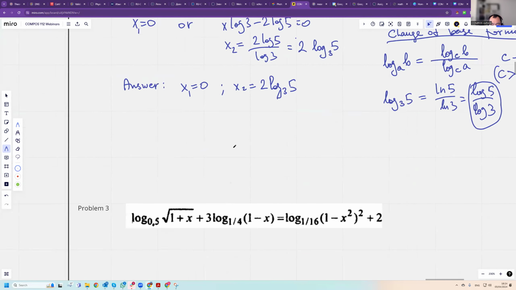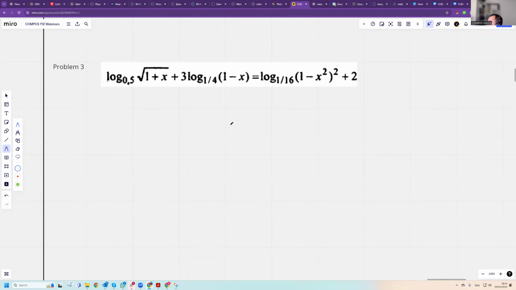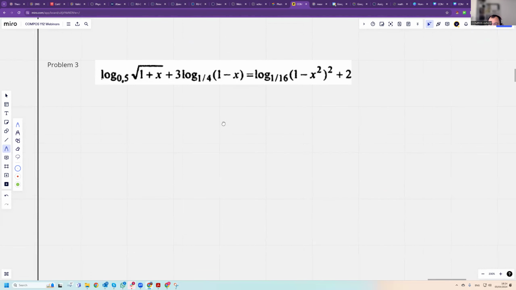Okay, happy to help. What can we do here? Any ideas?